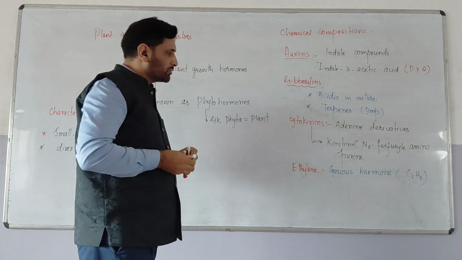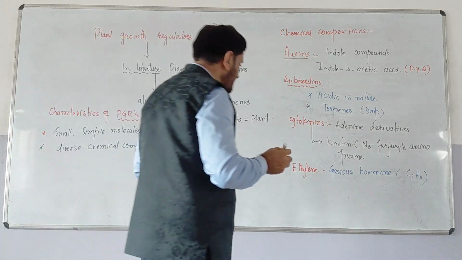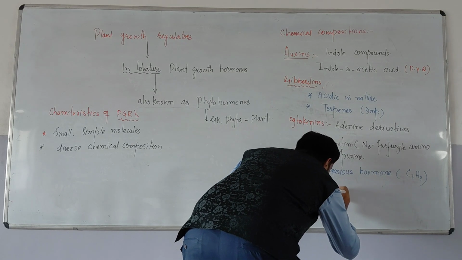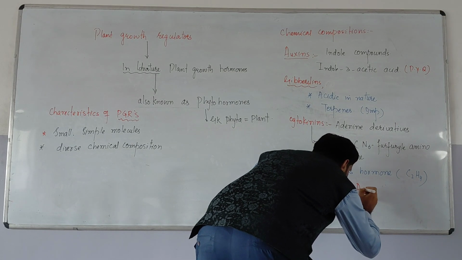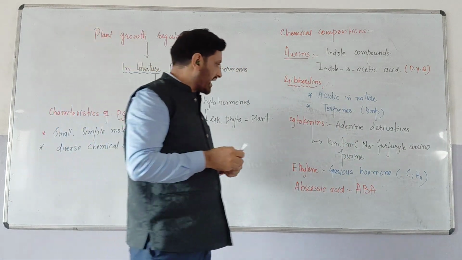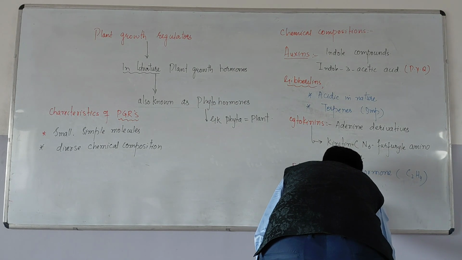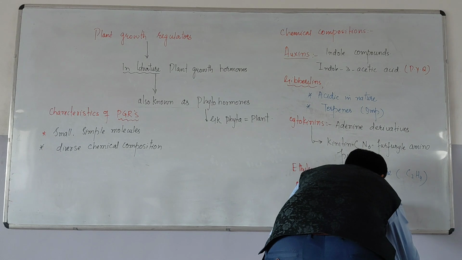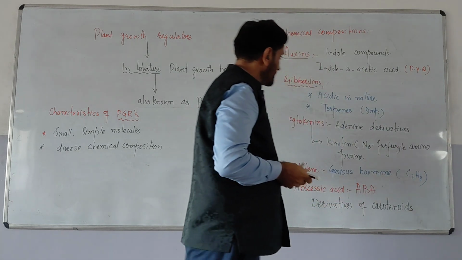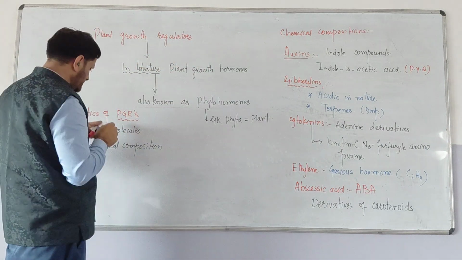And the last one is abscisic acid, also written as ABA. This is a derivative of carotenoids. So if we see the plant growth regulators, in literature they can also be called phytohormones.